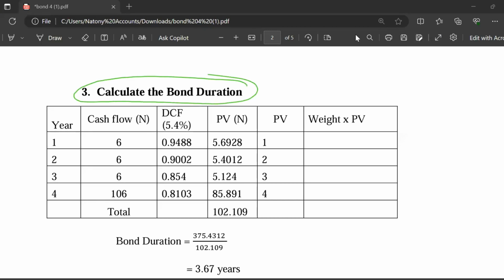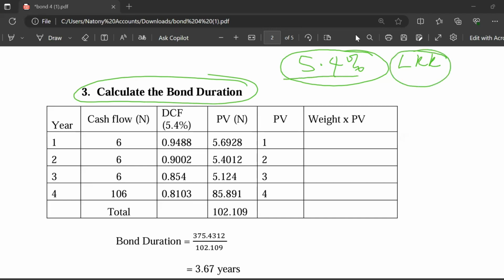So how do you calculate the bond duration? The yield to maturity was calculated as 5.4%. In the very first example, the sovereign bond value, the cash flows were discounted at the lender's required rate of return, which is the YTM, to arrive at the bond value.